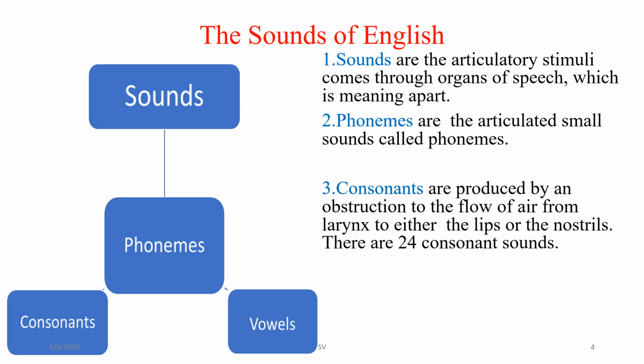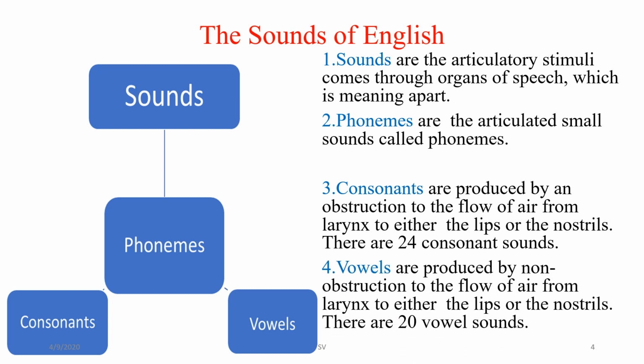Consonants are produced by an obstruction to the flow of air from the larynx to either the lips or the nostrils. There are 24 consonant sounds in English. Number four, vowels. Vowels are produced by non-obstruction to the flow of air from the larynx to either the lips or the nostrils. There are 20 vowels.